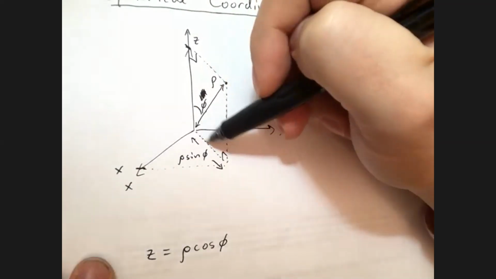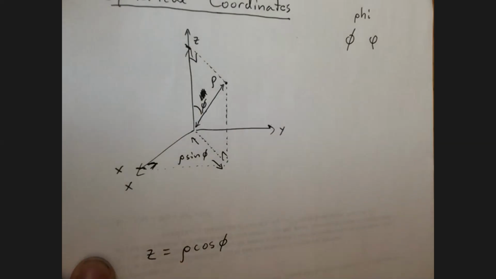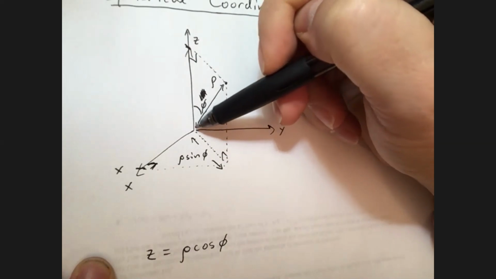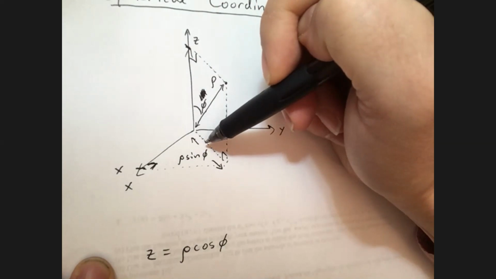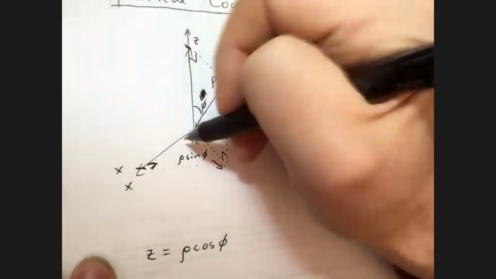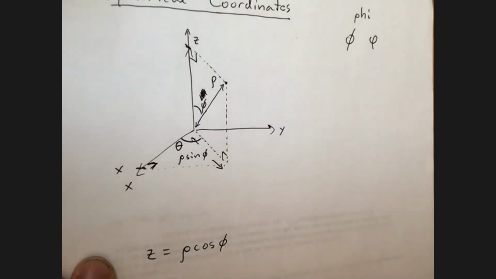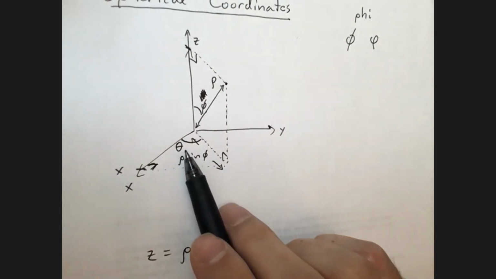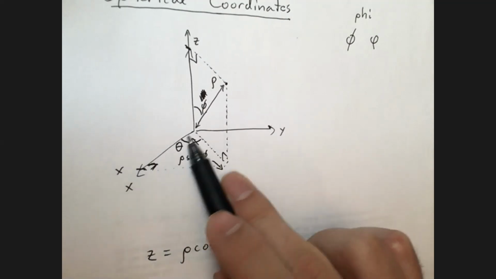Well, we have another triangle. We projected directly into the x-axis. That's a 90-degree angle right there. The hypotenuse is rho sine phi. So if we can get this angle, we can write down what x is. But we know what this angle is. That's how theta is defined. This angle here, things are getting very crowded already. Sorry about that. This angle is theta. That was how theta was defined in spherical coordinates. So if I take the hypotenuse times the cosine of theta, I will get the length of the adjacent side.